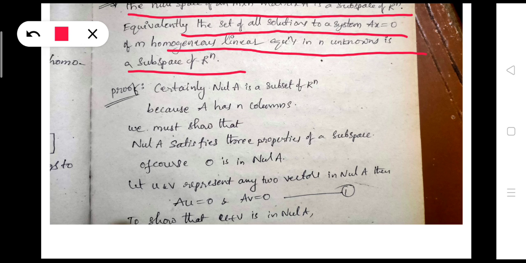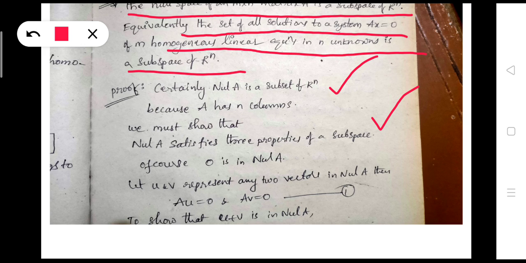Certainly Null A is a subset of Rn, because A has n columns and Rn means vectors with n entries. So we must show that Null A satisfies the three properties of a subspace.